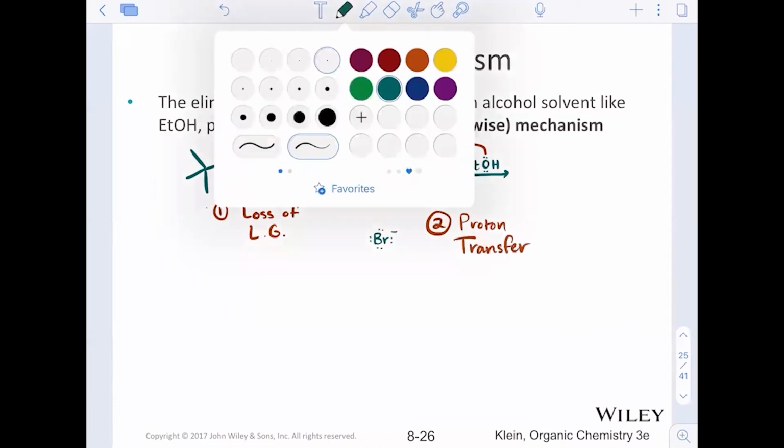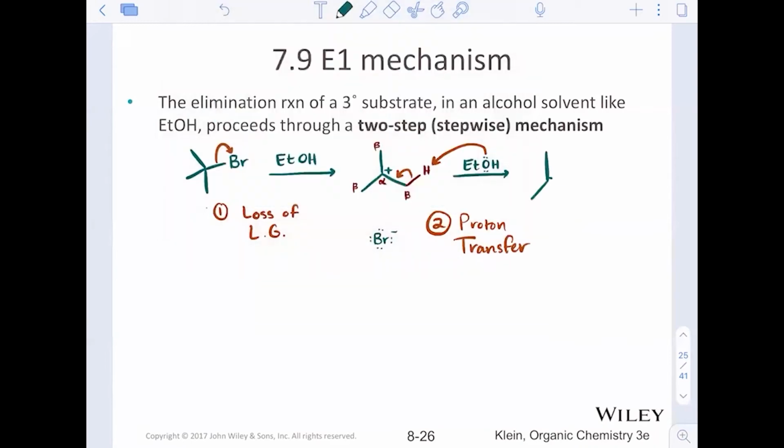We roll that pi bond down in between alpha and beta. There's alpha, there's beta. We also do make a protonated ethanol, and we also have Br minus floating around in solution. So just some general ideas here.